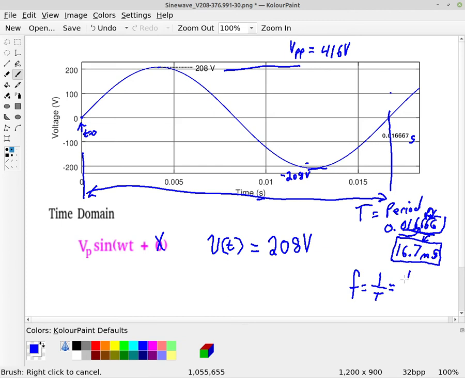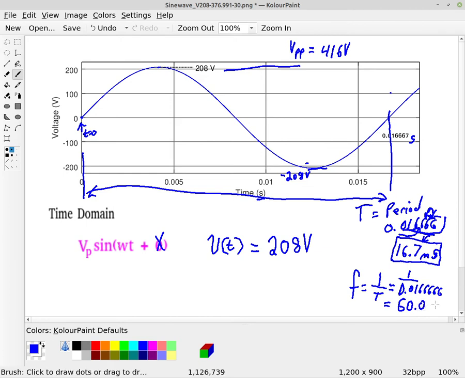So the frequency now is 1 over 0.016666, and so if we calculate that, we're going to find out that that is like 60.0.